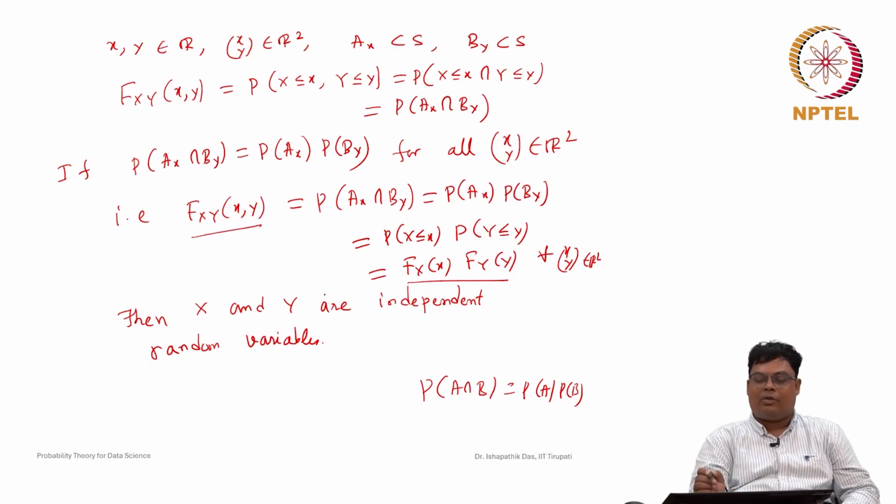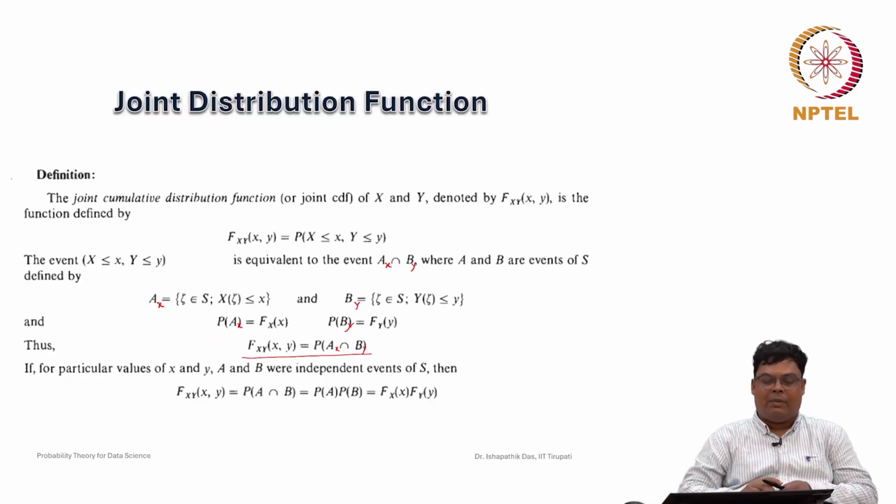If this is true for all (x, y) in R squared, that is, for any real number x and any real number y, then these two random variables X and Y will be called independent random variables. That is why this is the definition. So, if for particular x and y we have independent events, then this is true, but we say the random variables are independent only when it is true for all x, y.